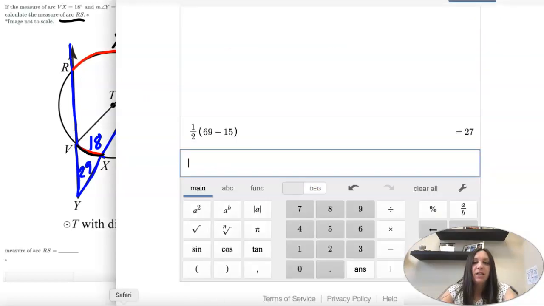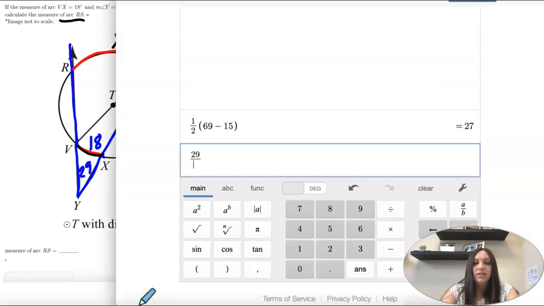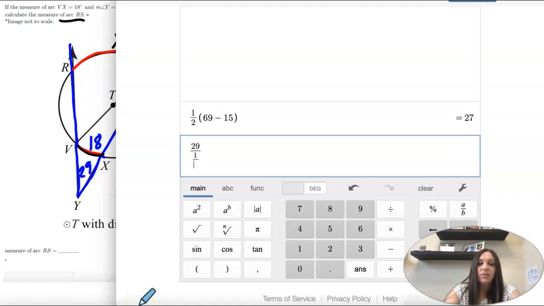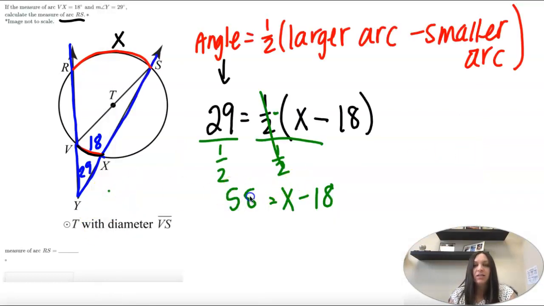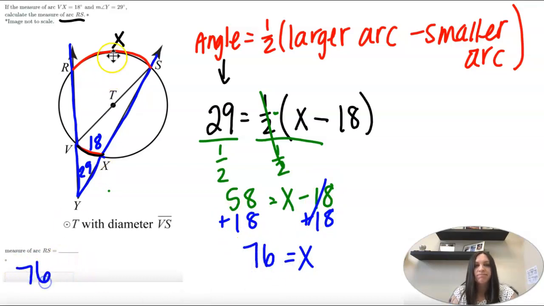And then 29 divided by 1/2 is the same as timesing by 2. So it's actually 29 times 2, which is 58. And then our next step would be to get x by itself. So add 18. X equals 76 degrees.